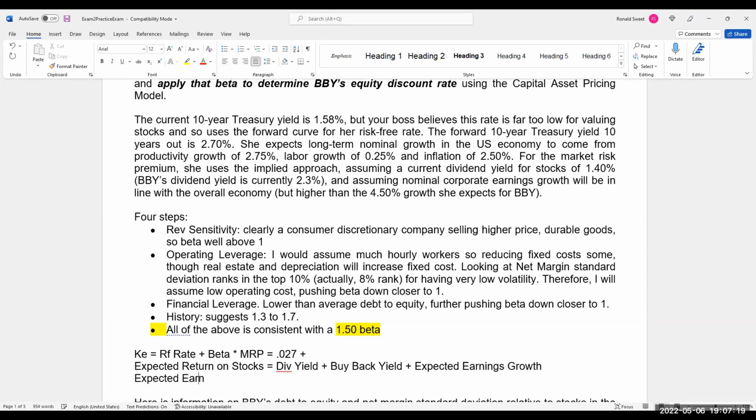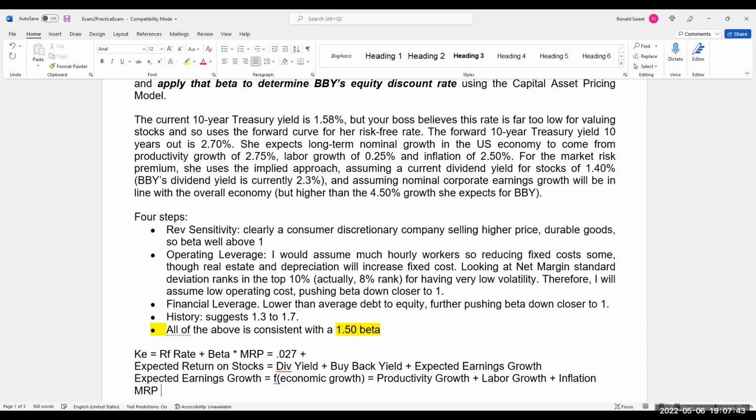Expected earnings growth is a function of economic growth, which equals productivity growth. Y'all did this on paper 3, so you remember all of this, plus labor growth plus inflation. And then the market risk premium equals expected return on stocks minus the risk-free rate.